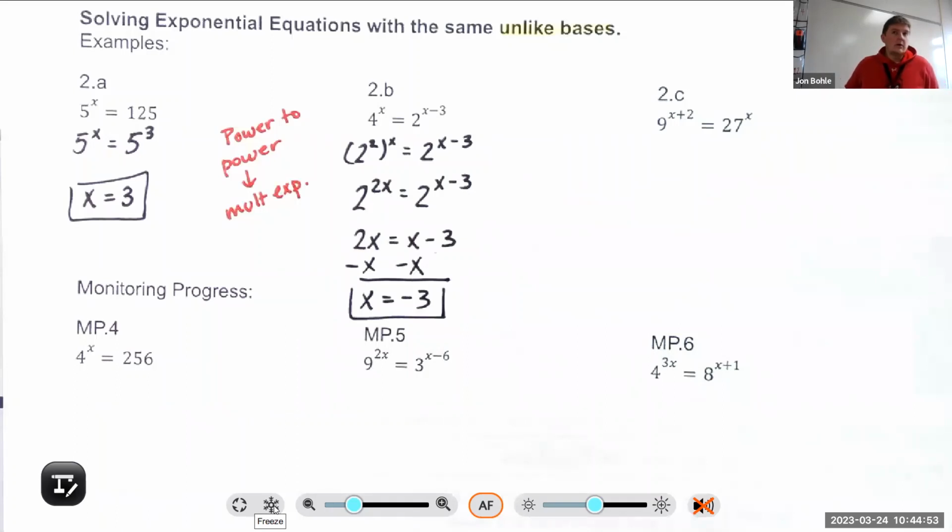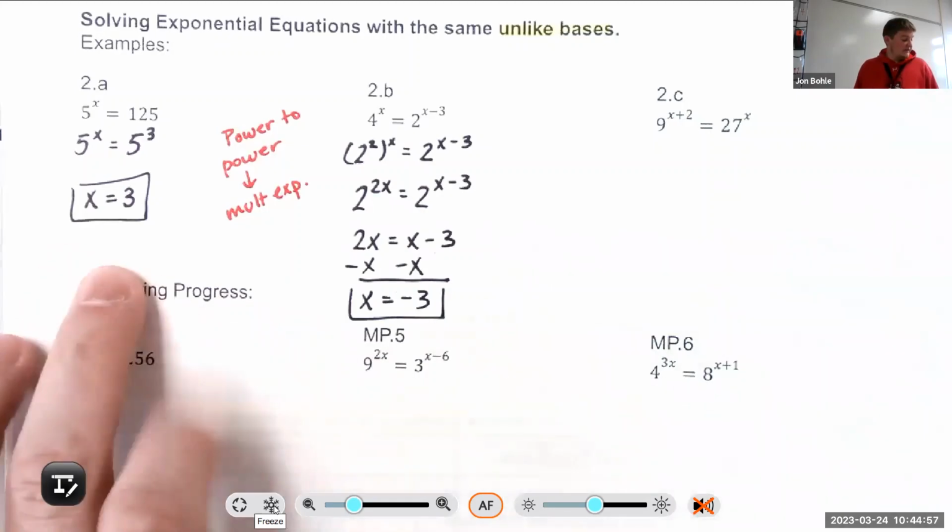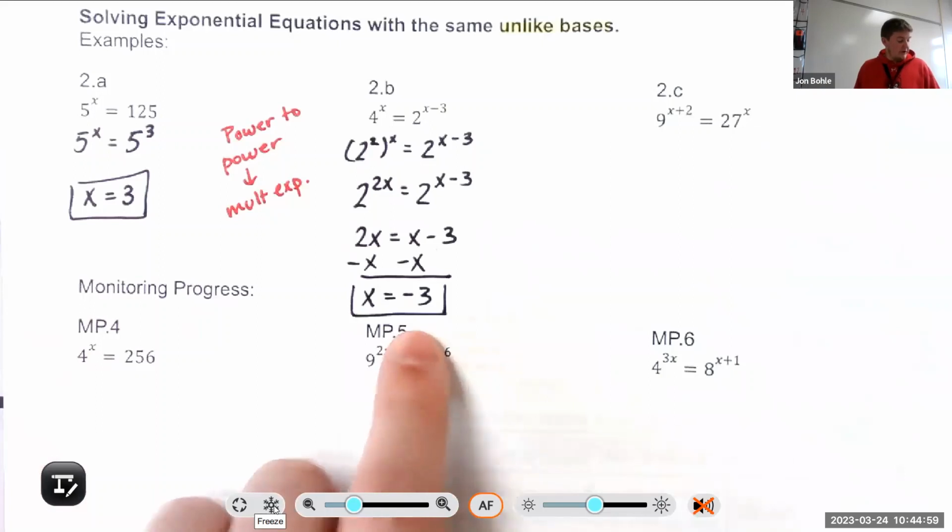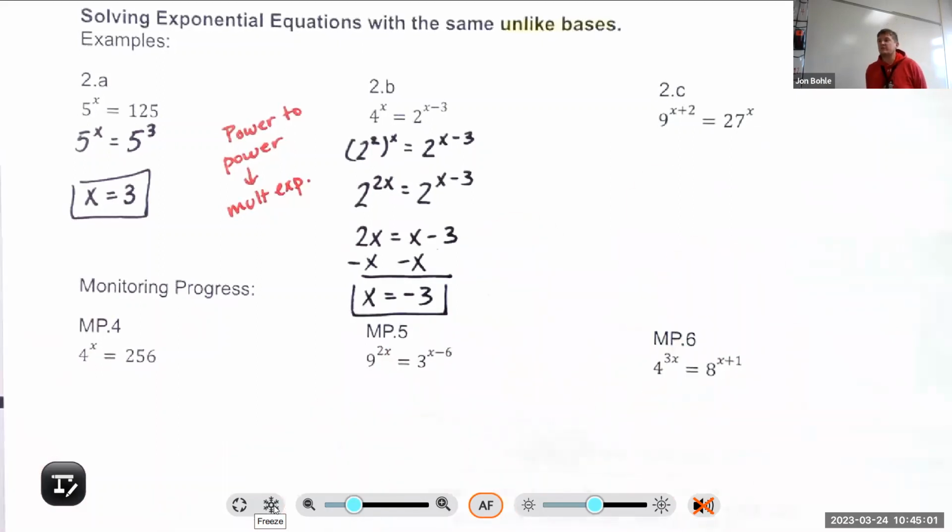Okay, this next one is a little bit more complicated. This is the easiest of the three. This is the medium of the three. This one's going to be probably the hardest of these three that I'm looking at. So now I have 9 to the x plus 2 power is equal to 27 to the x power.